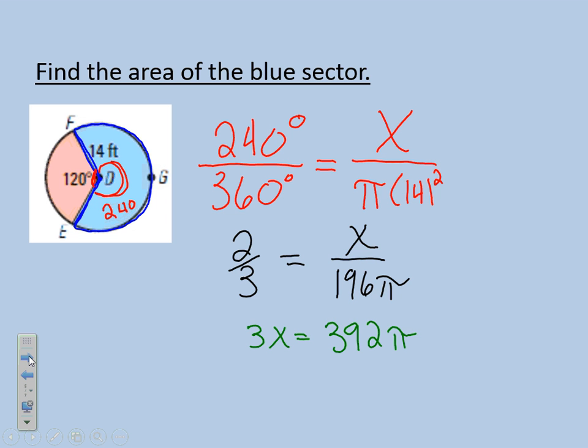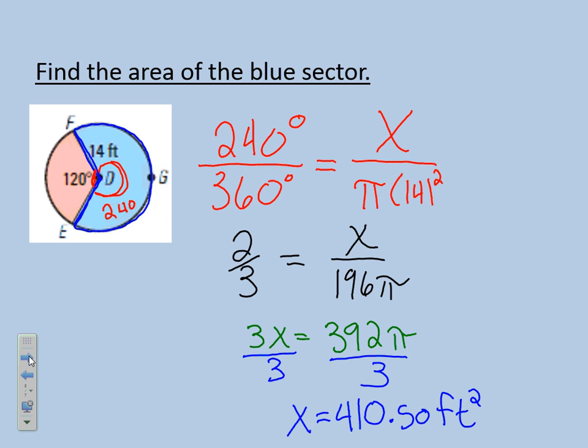Now to solve this one, I'm going to divide both sides by 3. So if I take 392 pi divided by 3, I get X equals 410.50, make sure I label, feet squared. When I'm talking about a sector, I'm going to be using squared because it's the area of that piece.